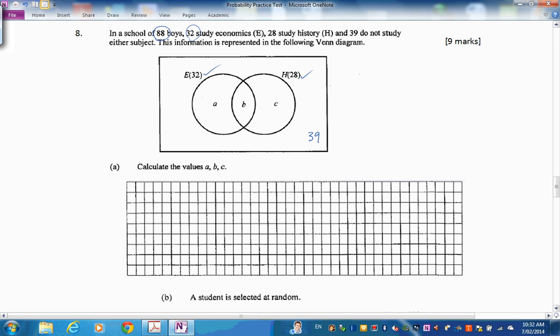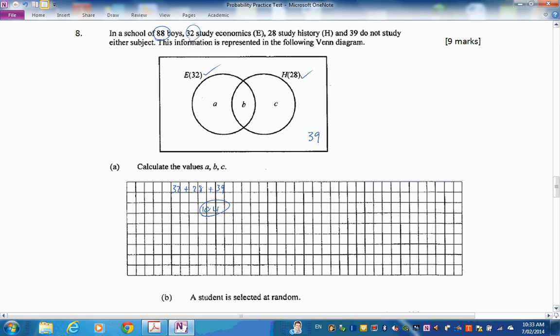Okay, so let's do a total. 32 plus 28 plus 39 is, what's that? 104? Is that right? So here we've got 104.